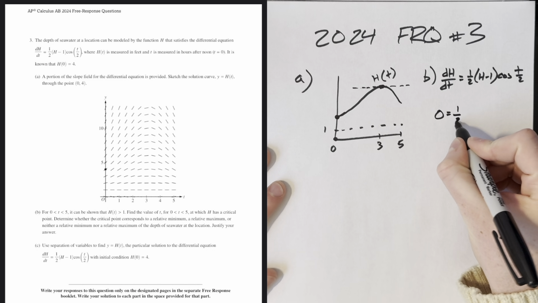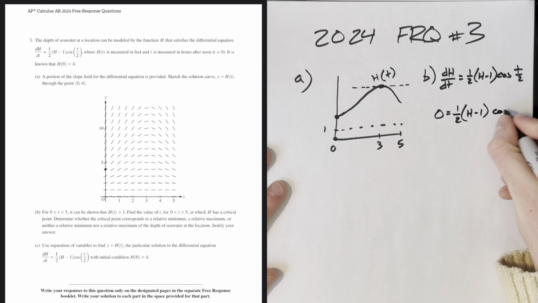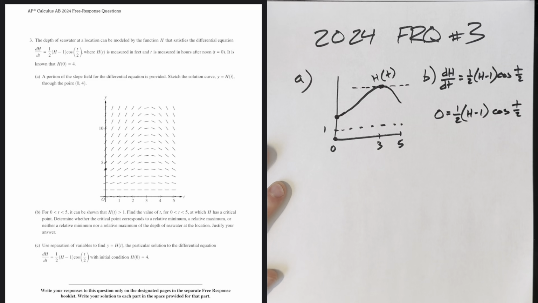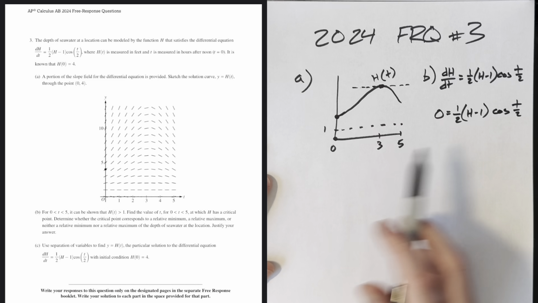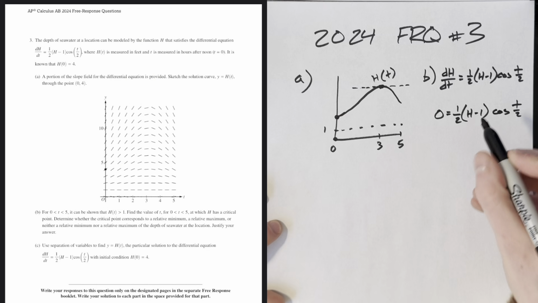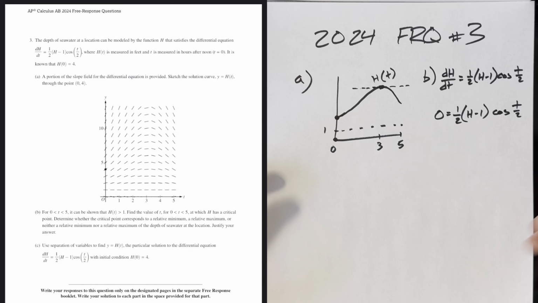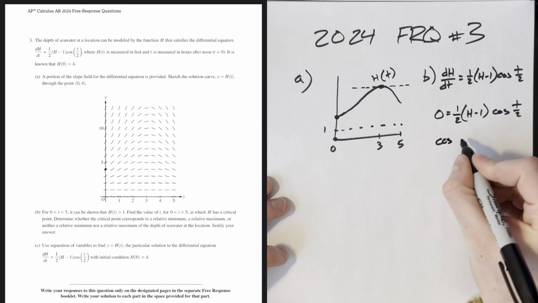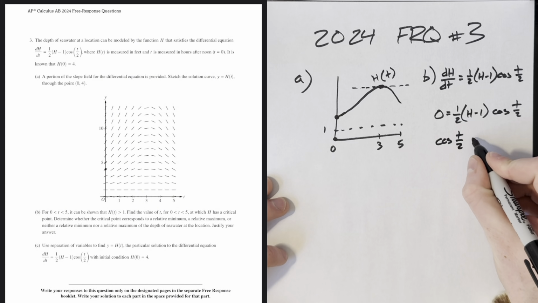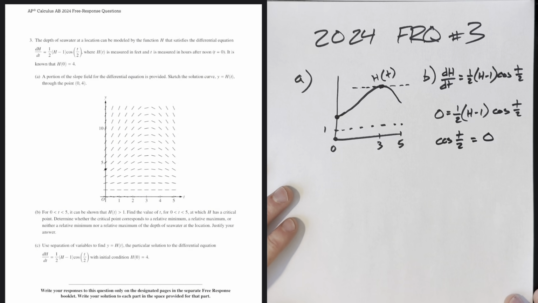So 0 has to equal 1/2 times (h minus 1) times the cosine of t/2. Now they tell us that h of t is always greater than 1. So h minus 1 cannot equal 0. So what we are left with is solving for when the cosine of t/2 is equal to 0.